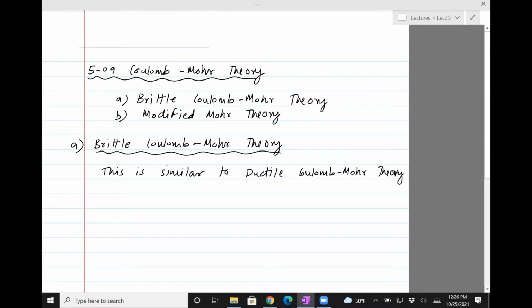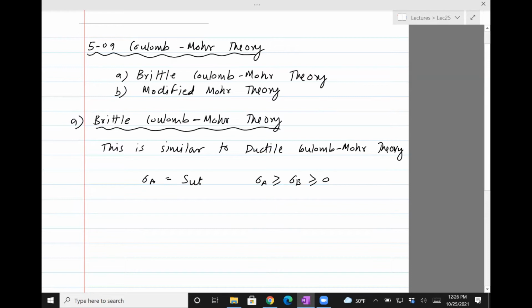So what's the Coulomb-Mohr theory for ductile material? It says that sigma A, so this is for failure, equals SUT when the principal stresses are greater than 0, or positive.